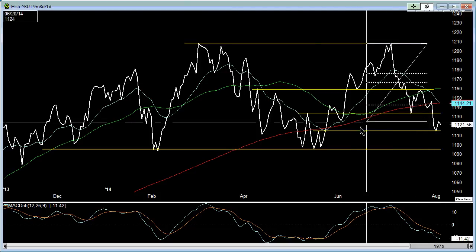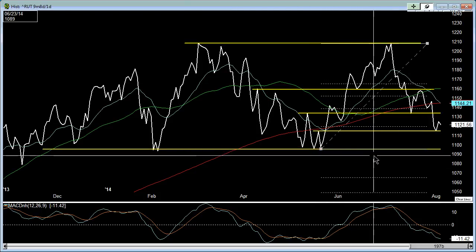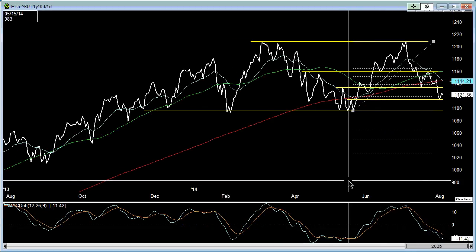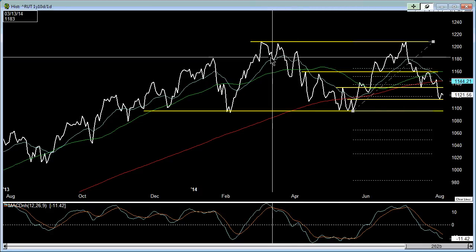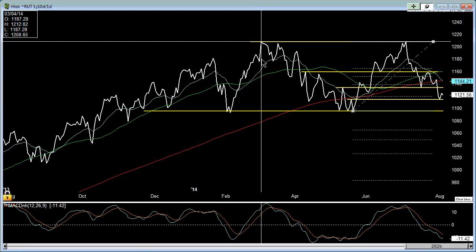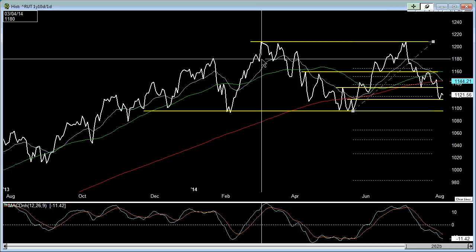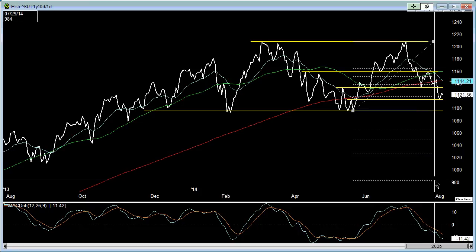If it breaks, the major move, we still use the same point, right? We're basically using this right here as the baseline, and then trace it down to somewhere around 983, right? That would be a 20% correction. If we take 20% from this level here, this was at 1208. Right, so let's round off at 1200. So subtract 240 points. That's 960, right? Okay. So basically, it brings it down somewhere around here.